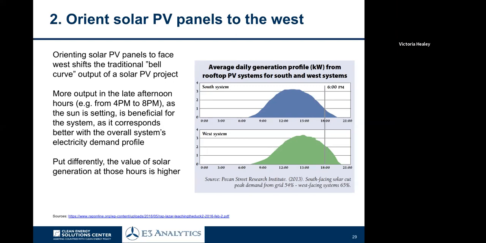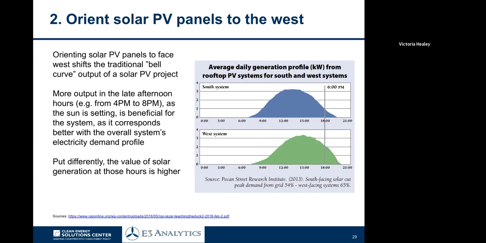This graph here models out the difference, and you can see that somewhat more solar power is produced after 6 o'clock, probably twice to 2.5 times more in this diagram, than under the south-facing system. So again, not a negligible shift, and it gives an idea of some of the gains that could be achieved.